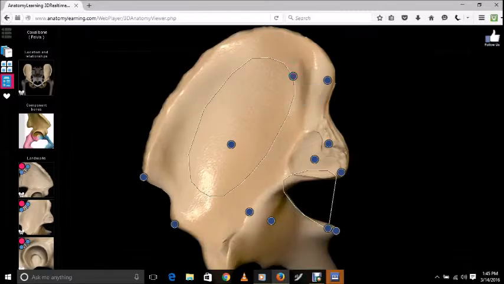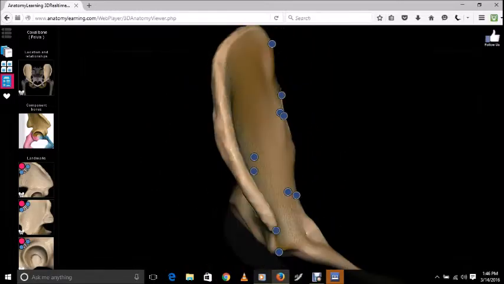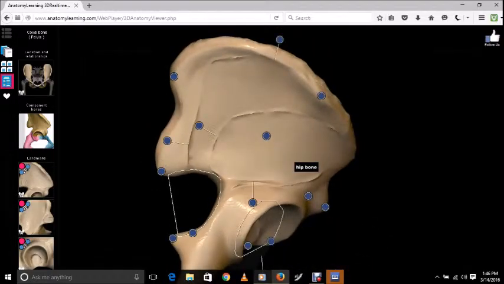And it's a very important site of attachment for a muscle called the iliacus. The iliacus muscle. And on the other side, you have what's called the iliac crest. The iliac crest is a very important site of attachment for the gluteal muscles. You might have heard of one of them, the gluteus maximus.